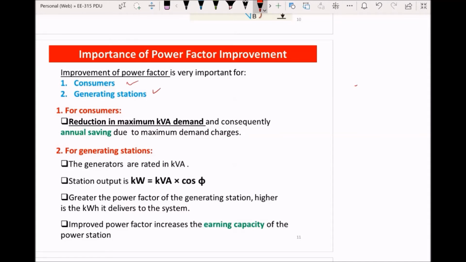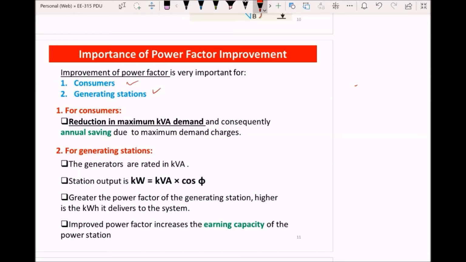So from the consumer point of view, usually the domestic consumers operate close to unity power factor. However, when it comes to industrial consumers, if the power factor is improved, the maximum demand in kVA will reduce. We have seen that already.